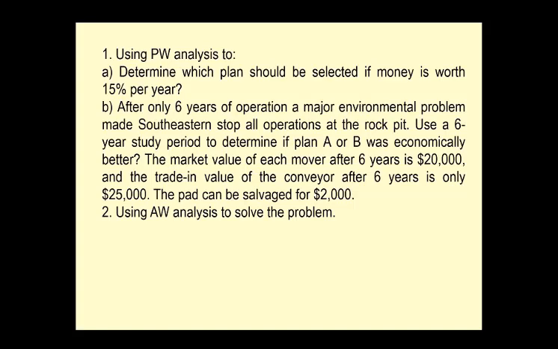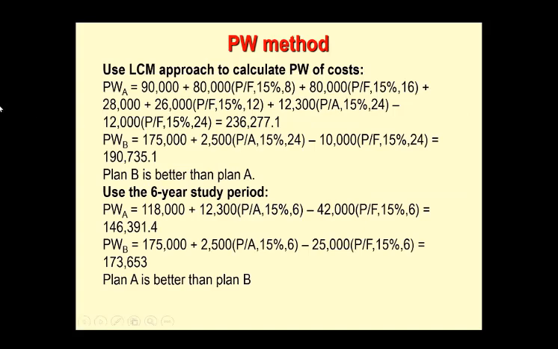Look at this. You can see that the present worth of plan A here is first 90,000. What does it mean, 90,000? It's the present worth of the mover.